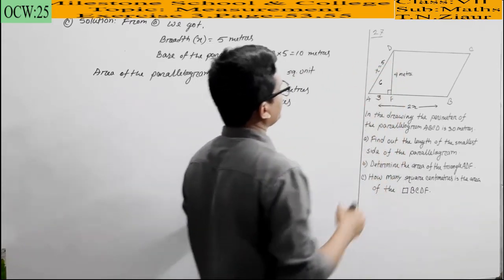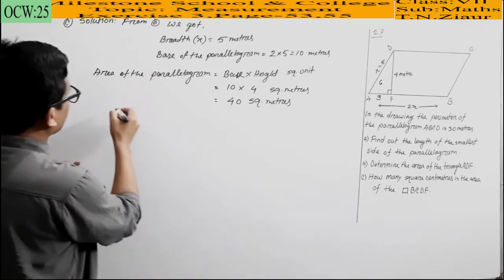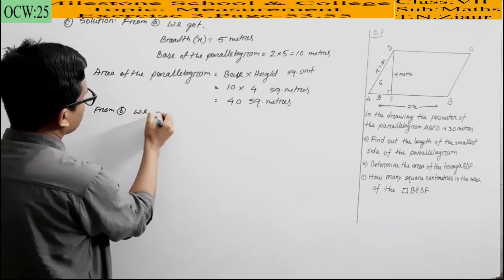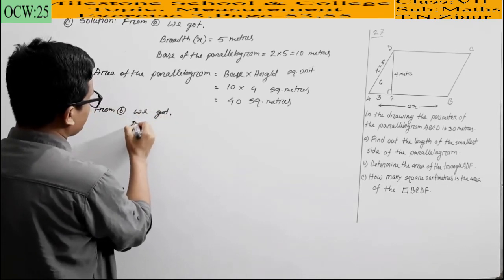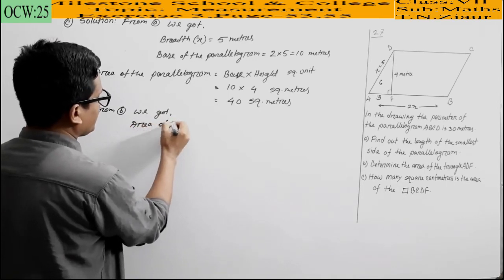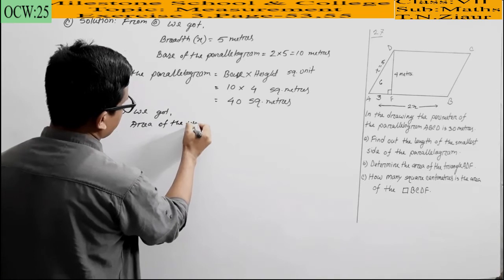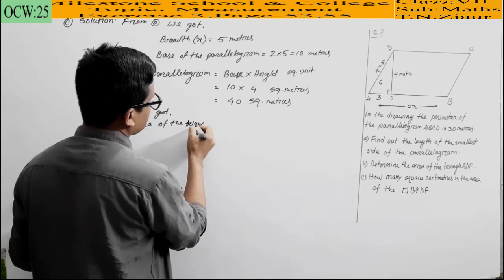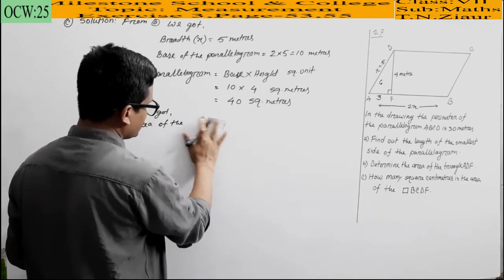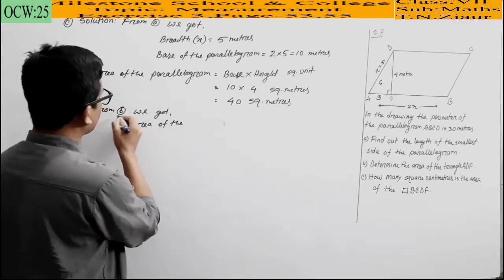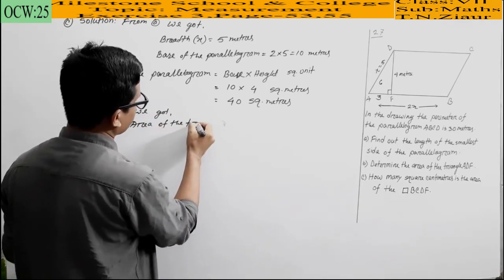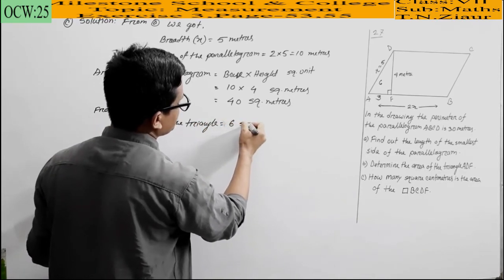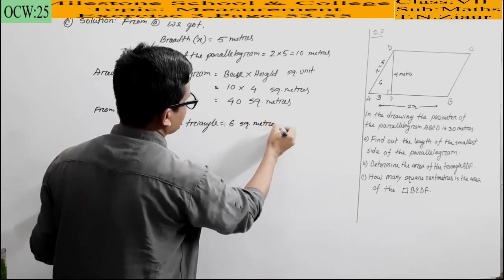From B we got the area of the triangle, which is 6 square meters, right? 6 square meters.